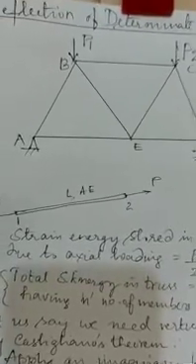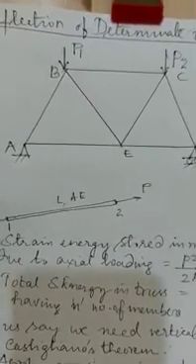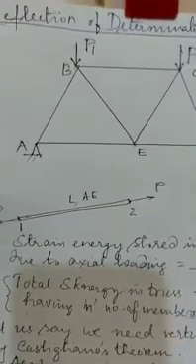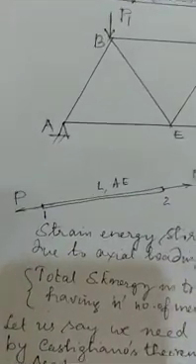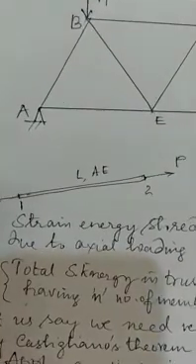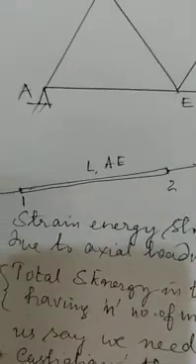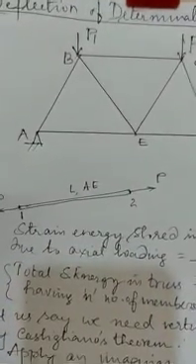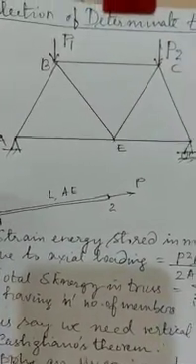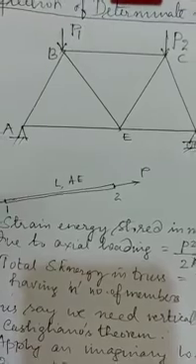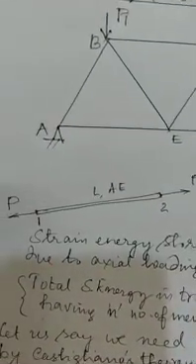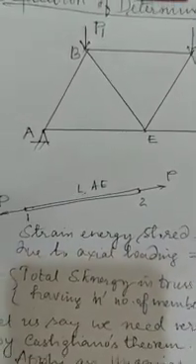A truss is basically a skeletal system made up of a number of interconnected members. So if you consider one such member, such as member 1, 2 as shown here, which has a length L, cross-sectional area A, and the material Young's modulus is E. Let us say the member is subjected to a tensile force.